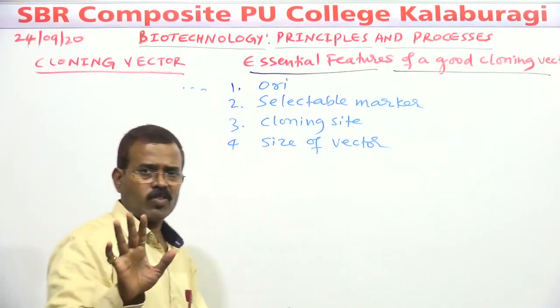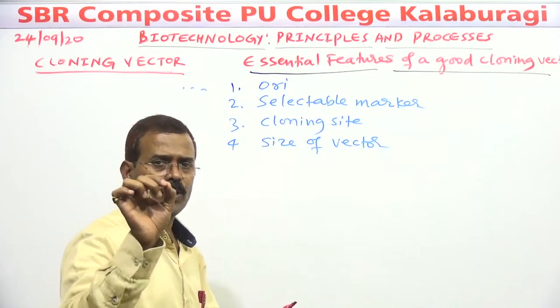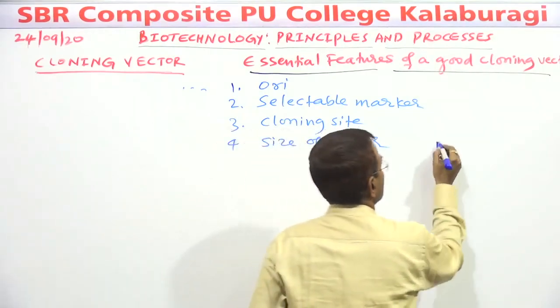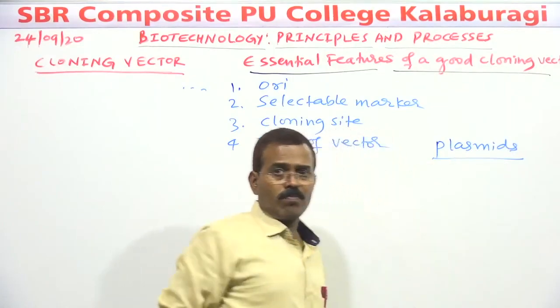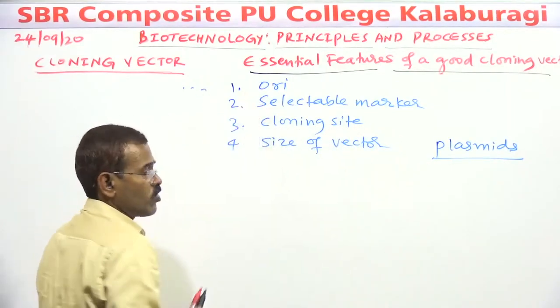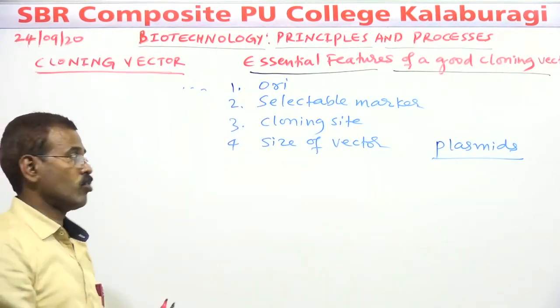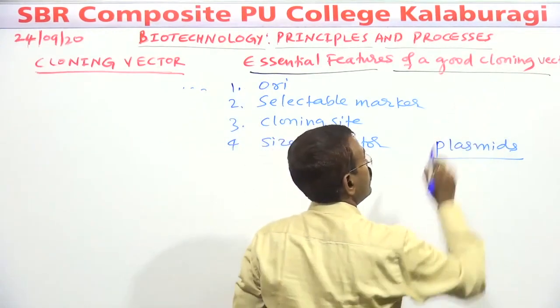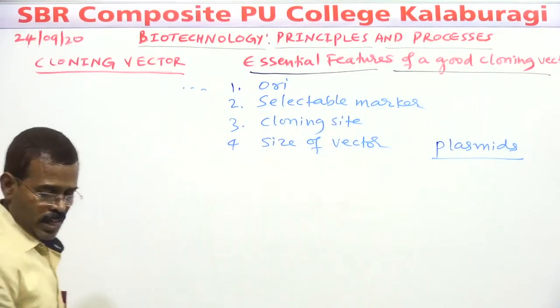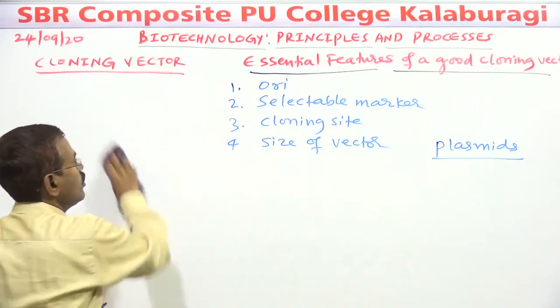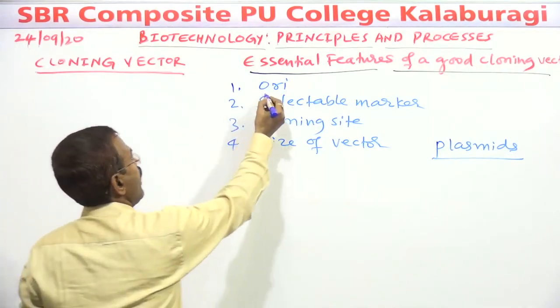See, usually plasmids are the most commonly used vectors. So the plasmids can have these essential features. That's why they serve as good cloning vectors. So first we have to discuss about ORI.